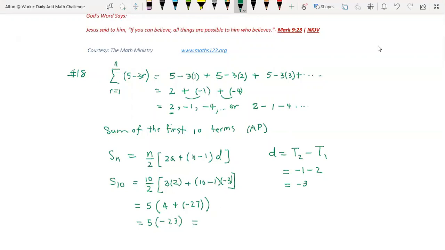And let's work that out: 5 times 3 is 15, 5 times 2 is 10, and 1 carried makes 11. And it will be a negative value. So it's minus 115. Let's see the corresponding answer for that one. Right, so this will be answer C.